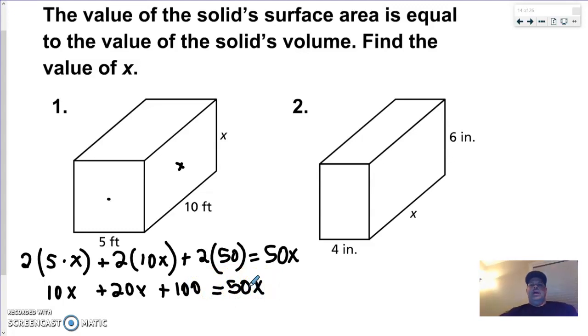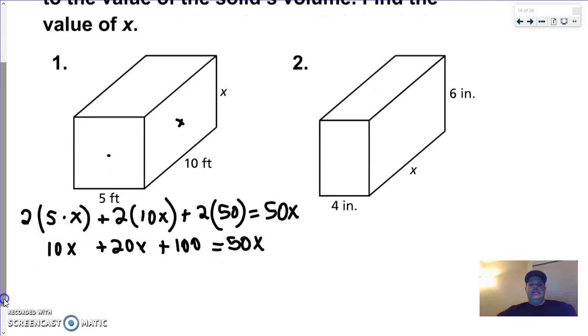My job when I am solving with variables on both sides is to get all the variables on one side and to get all the numbers on the other. In this case, I'm going to combine 10x and 20x to get 30x plus the 100 equals 50x.